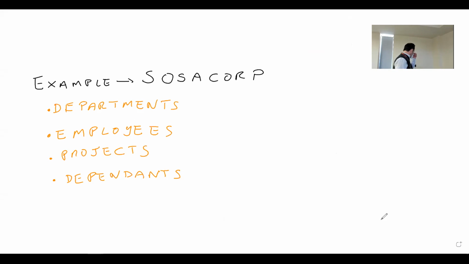Now let's think about the relationships between these, okay? And I'm gonna write them down. I'm gonna be exhaustive right now, meaning I'm gonna go through all of them, but not necessarily all of the entities have relationships with all of the other entities, okay? So now let's talk about relationships.